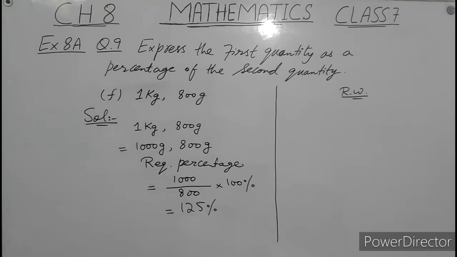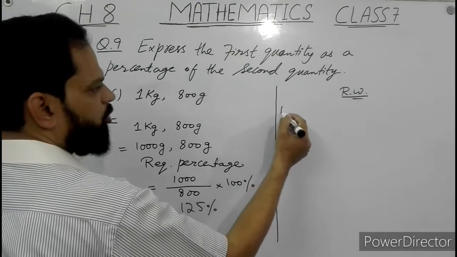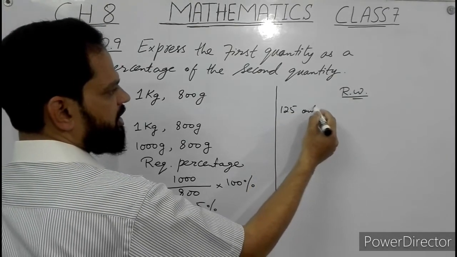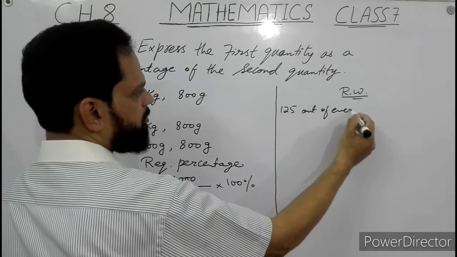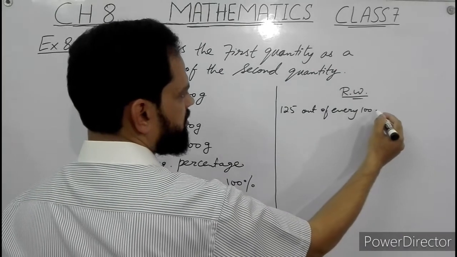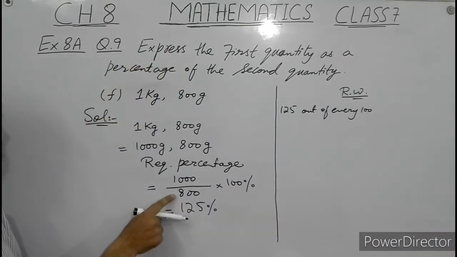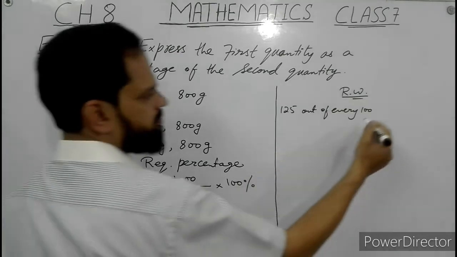And what does it show? 125% means 125 out of every 100 of the denominator, which is the second quantity.